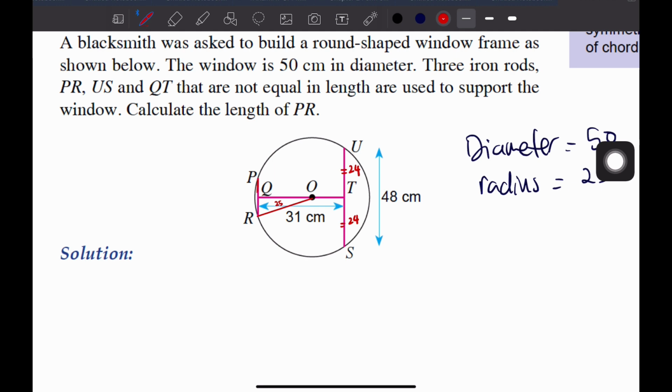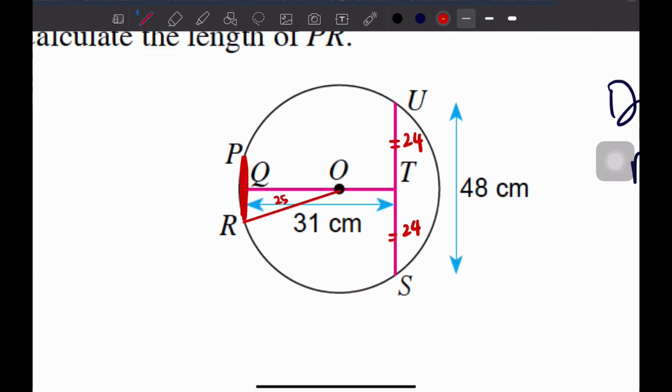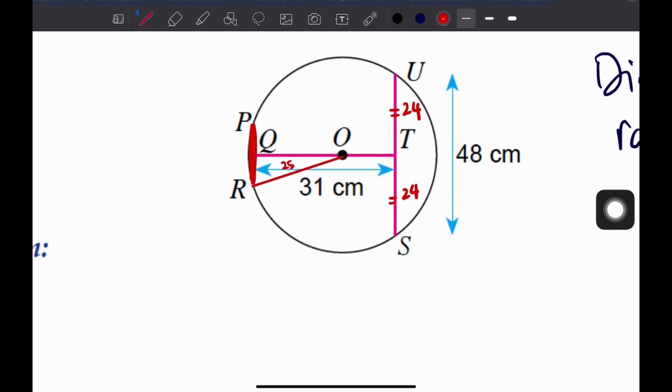So this is PR. From this diagram you can see that there is a small triangle over here. So I try to draw it, like this. So this is OQR. So this is 25.